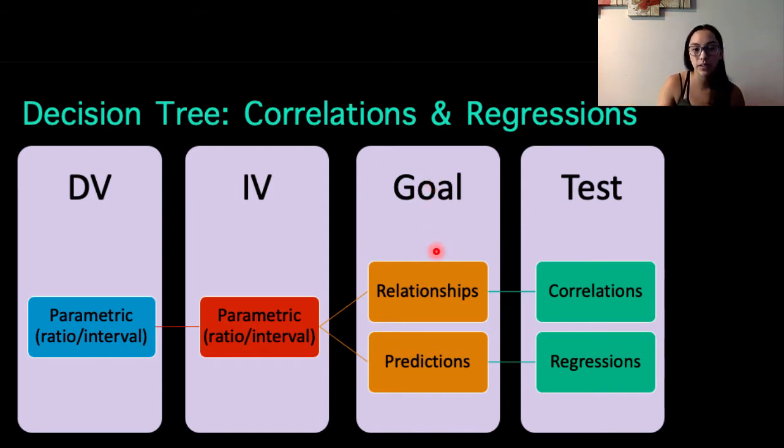So like I said in the previous slide, correlations are purely going to be looking at the relationships between variables and if those relationships are significant or not, what the strength of those relationships is, what direction the relationships are in. The regression is going to use the correlations to predict the outcome of a certain variable. So that's the main distinction between the two. We're going to just focus on this top part for this week.